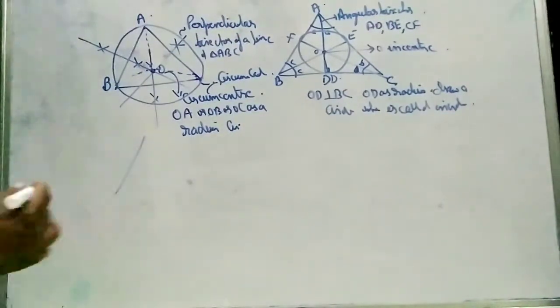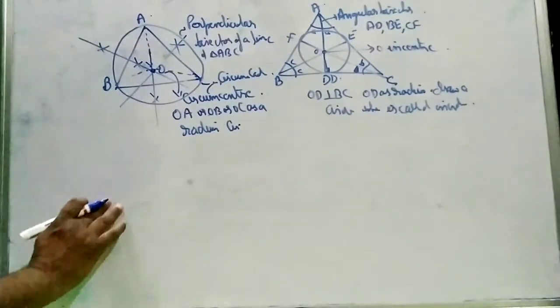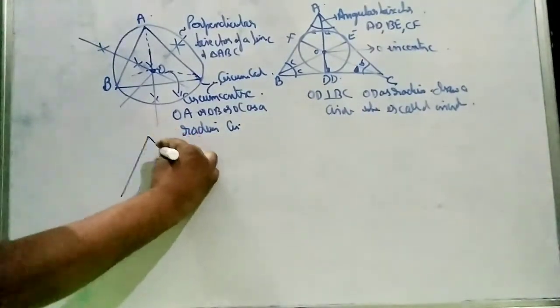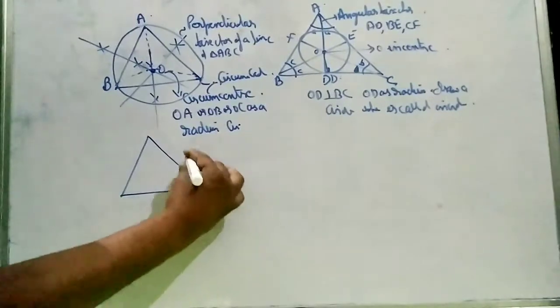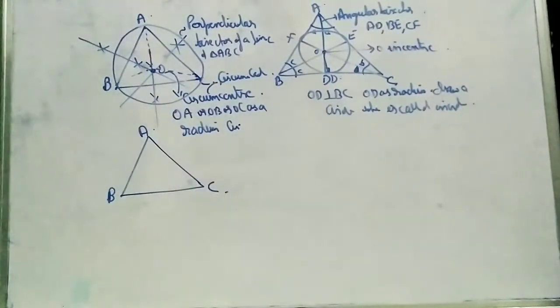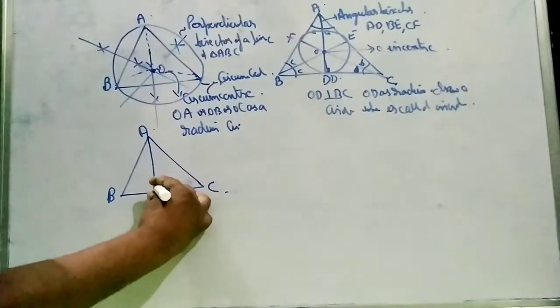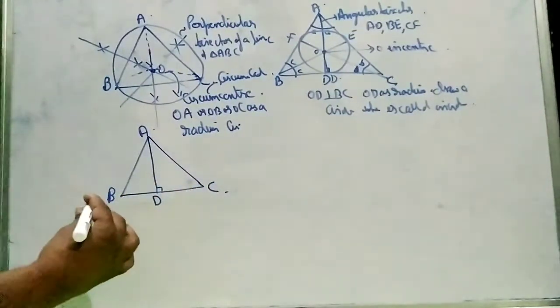Now, if we take a triangle ABC, and from each vertex we drop a perpendicular to the base, from A we drop AD as a perpendicular, meaning it makes an angle of 90 degrees.